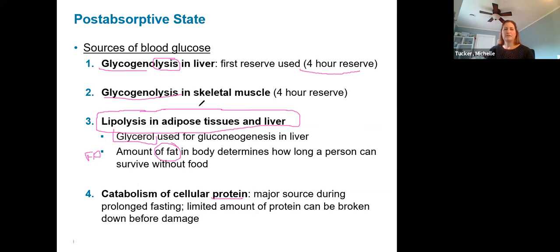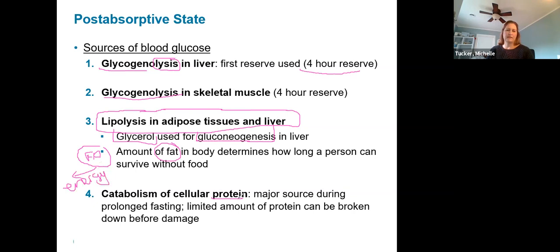So blood glucose comes from breakdown of glycogen in the liver, breakdown of glycogen in skeletal muscle. Glycerol can be used for gluconeogenesis. So again, we're generating glucose. Fatty acids aren't a source of blood glucose, but they will be used for energy.